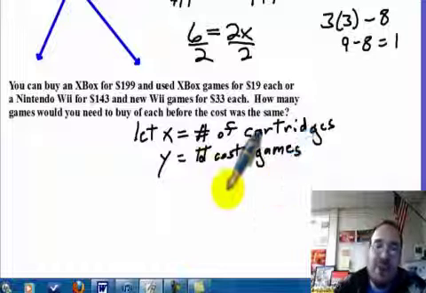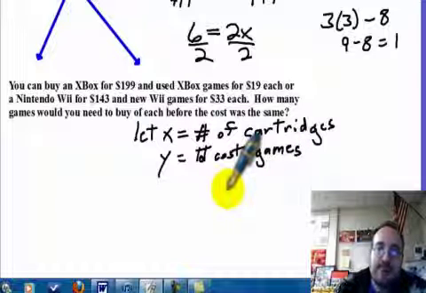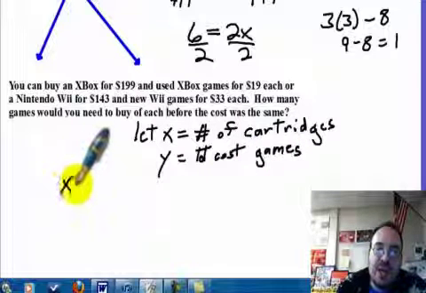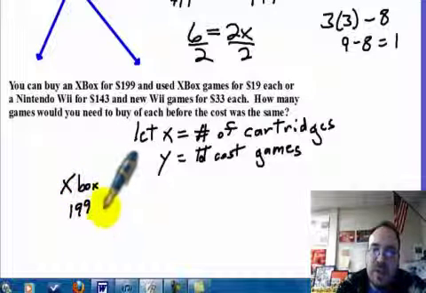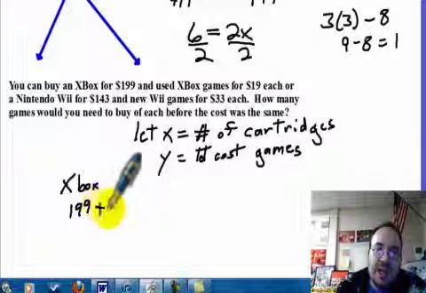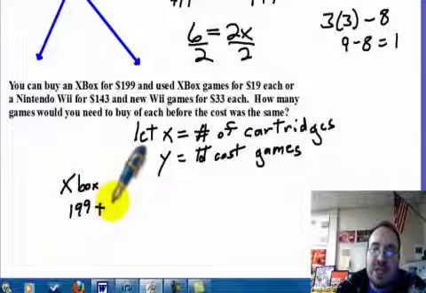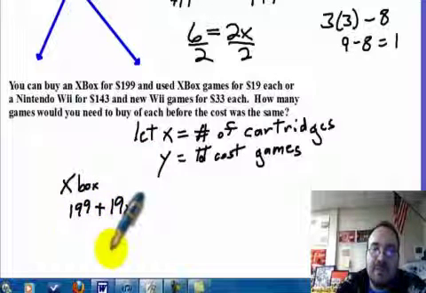Okay, so what's the cost for the Xbox? Well, you have the $199 startup fee when you buy the thing, plus $19 for each game, so that's 19x.